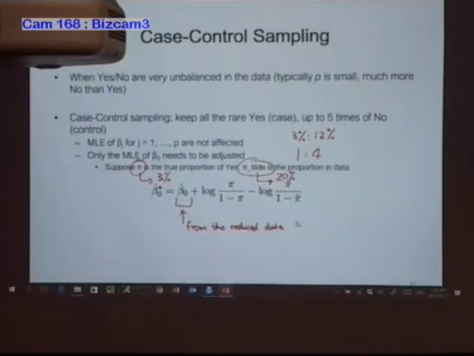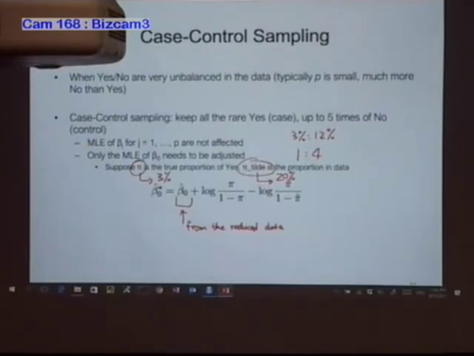And that's the formula. Only for logistic regression, that's going to work. And that's the number one challenge in classification: imbalanced data. Very often you have that. Think about credit card default, 3%. It's already pretty high.